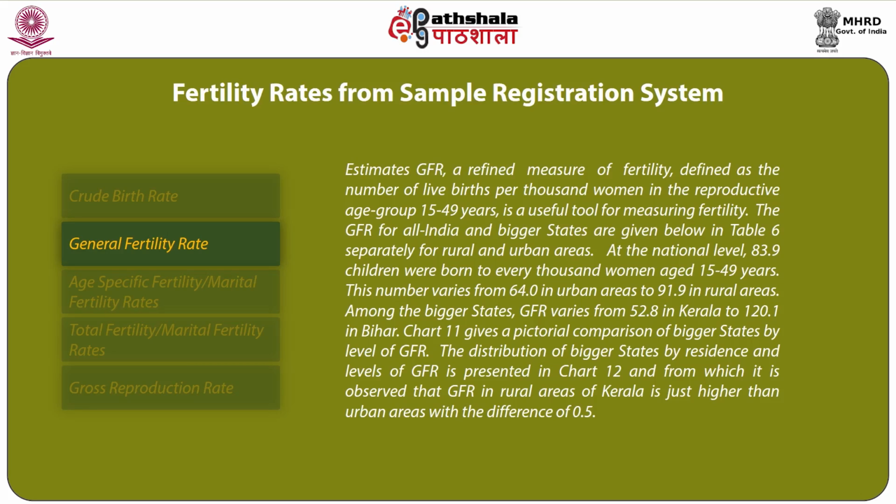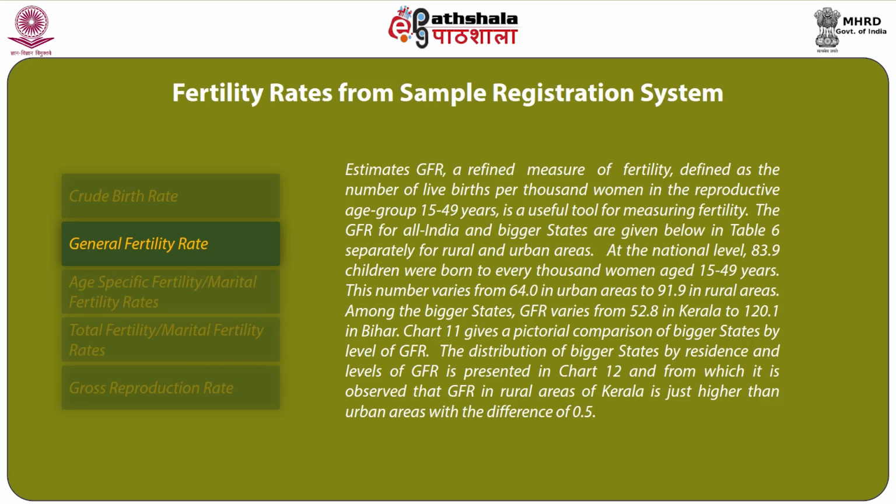This number varies from 64.0 in urban areas to as high as 91.9 in rural areas. If we analyze among different states, the general fertility rate varies from 52.8 in the state of Kerala to as high as 120.1 in the state of Bihar.